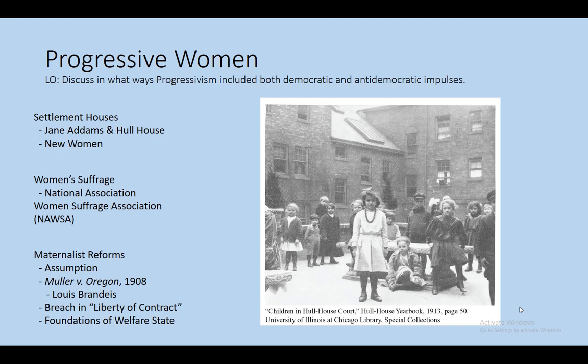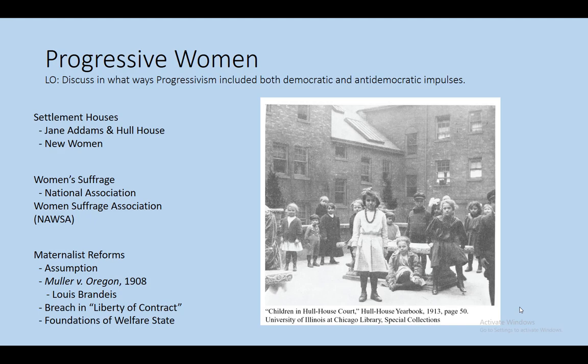But this breach in the liberty of contract doctrine did have a high cost for women, because at the same time that women were entering the labor market and earning college degrees, the court, the government, solidified the view that women workers were weak, were dependent, were not capable of enjoying the same economic rights as men. And so this breach in the liberty of contract was a double-edged sword.